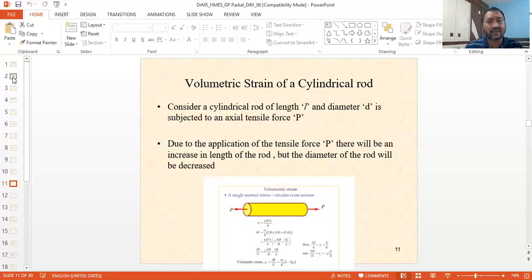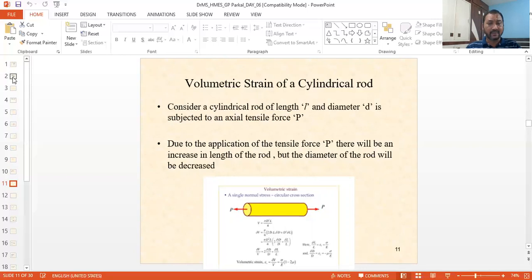Next, the volumetric strain of a cylindrical rod. Here in this case, we are considering a rod having a diameter D and length L subjected to an axial force of P. So here also this bar is subjected to the tensile force of P. Due to the action of this force, the length of the bar will increase.